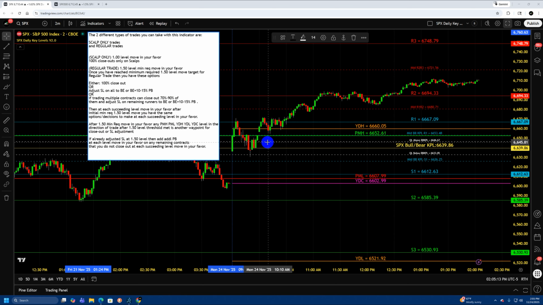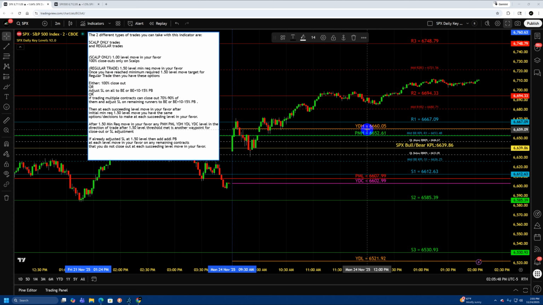Now also, if any of the PMH, PML, YDH, YDL, or YDC levels happen to also be in the direction of the trade continuing in your favor after the 1.5 level move has been met, those are also additional waypoints or decision-making points, the same as you would have with either the main levels or the midpoint levels also occurring after the 1.5 level move threshold.